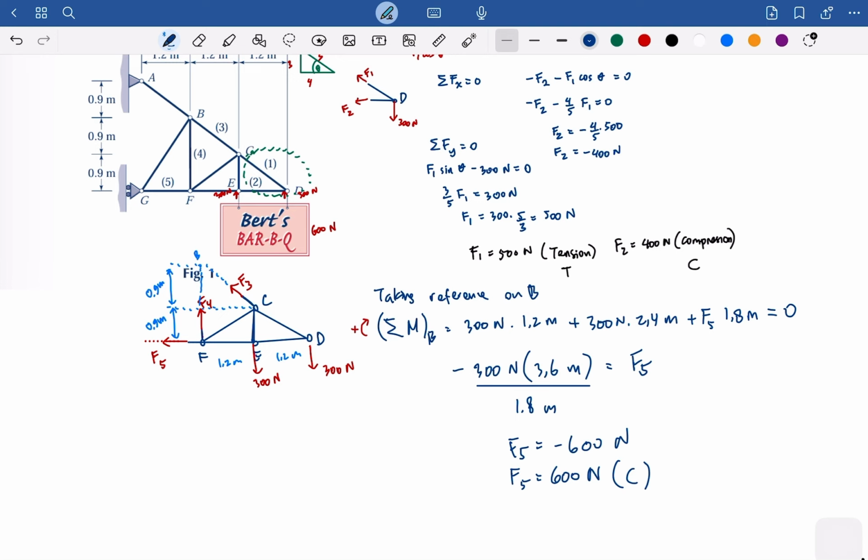So this member is holding really high loads because it has more distance, and it has 600. So it makes sense that F5 is also 600.